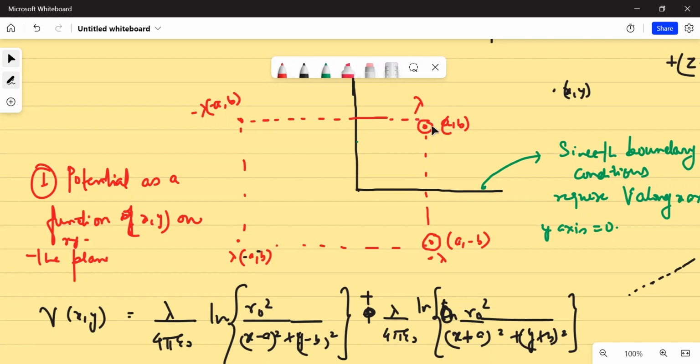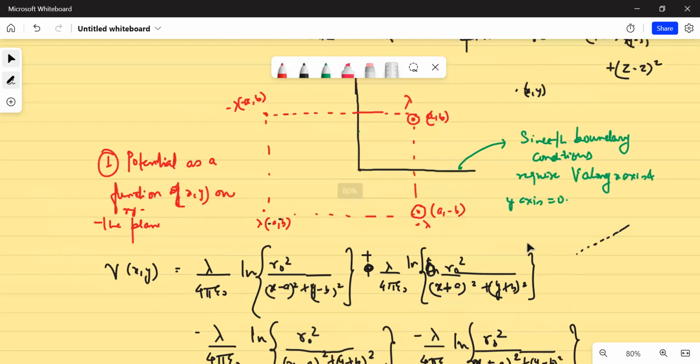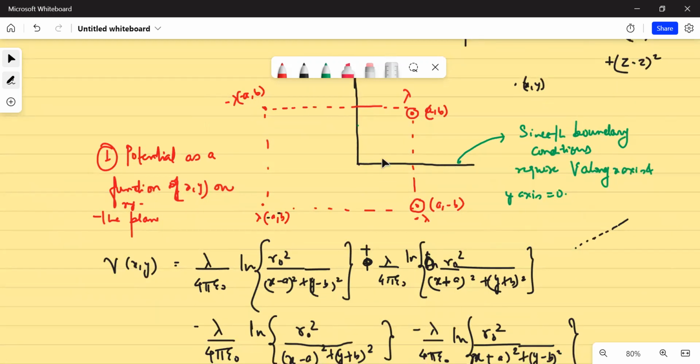So that is one case, and another case is that I'm interested in finding the induced surface charge densities on these planes, the infinite grounded conducting planes. That requires me to find my potential as a function of x, y only.